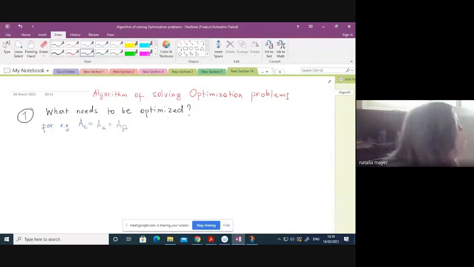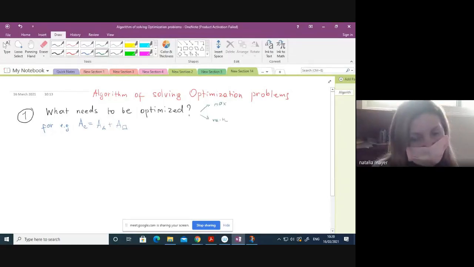Now, when we say optimized, it might mean find the maximum or find the minimum. For example, going back to the question with the compound, do you remember? Someone wants you to design the compound, and he says optimize the cost.